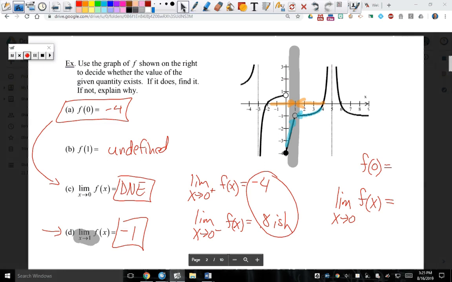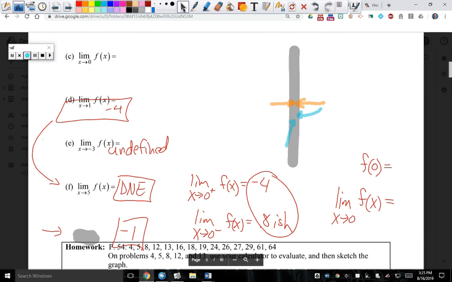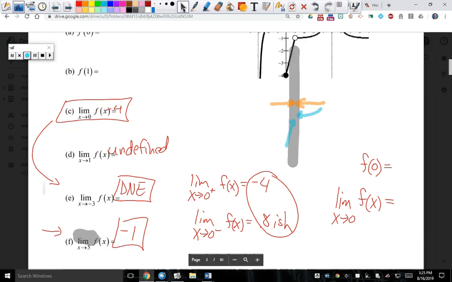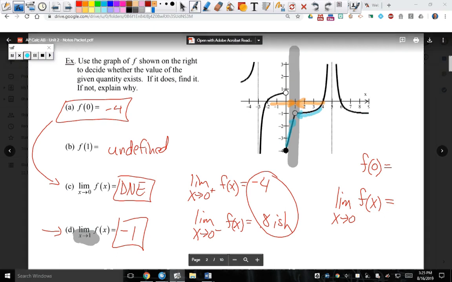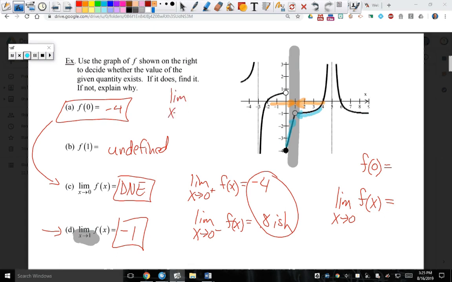Okay, so now let's go to, I think we have a couple more. Approaching -3 and approaching 5. So let's approach -3. Anyone? What do you think the answer would be if I approached -3? Does not exist.